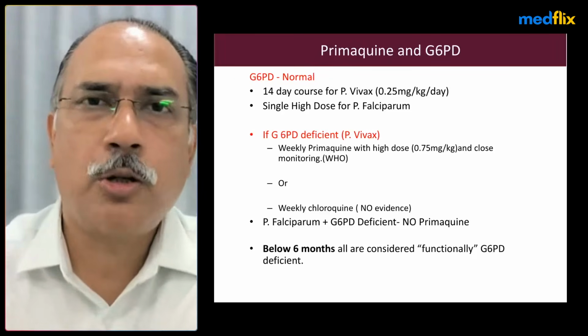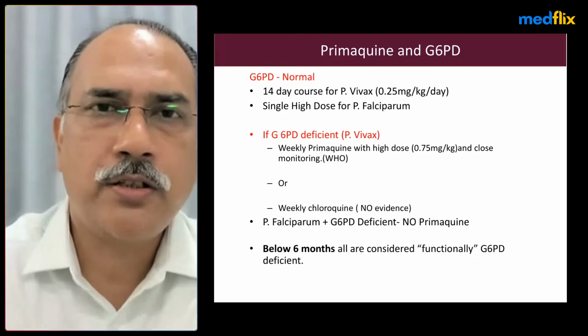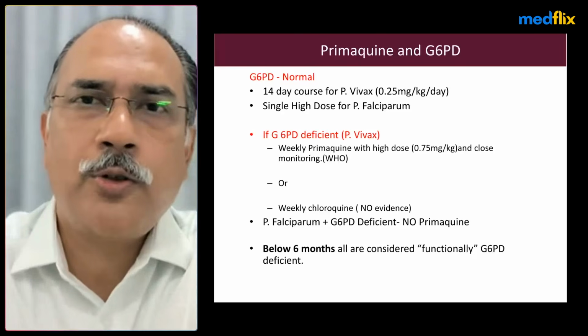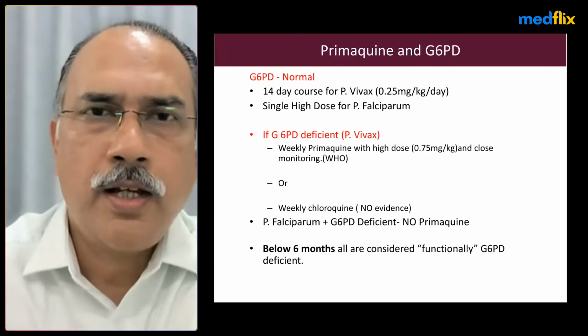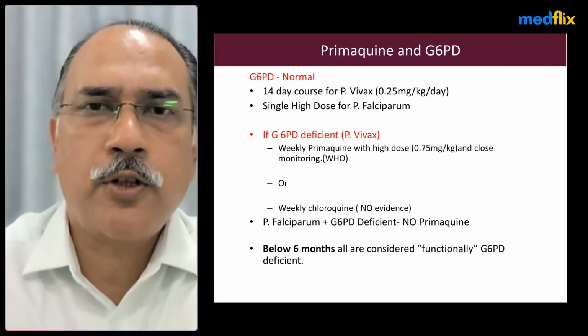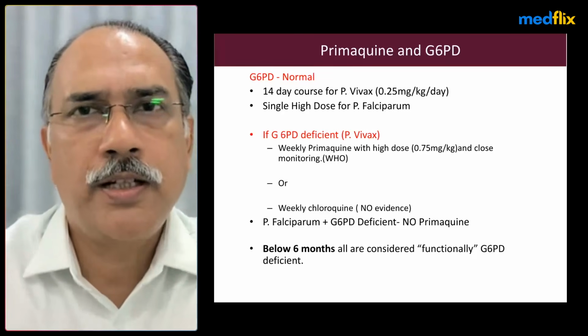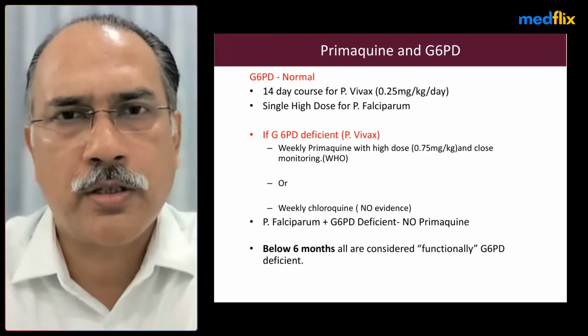If the G6PD is normal, for Vivax infection, a 14-day course of 0.25 milligram per kilogram of primaquine per day should be given, and a single high dose for gametocidal purpose in case of a falciparum infection.